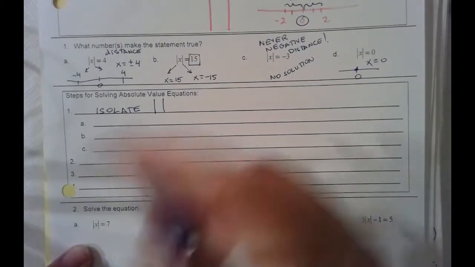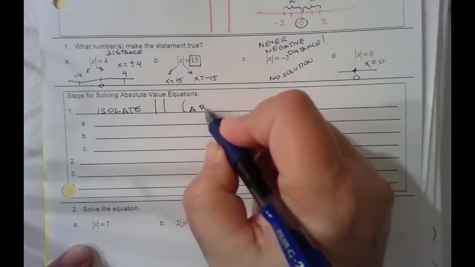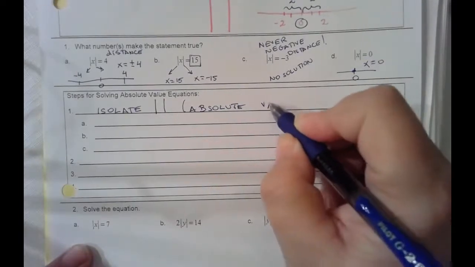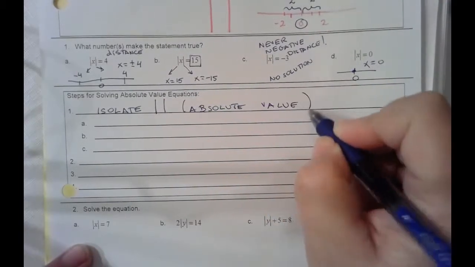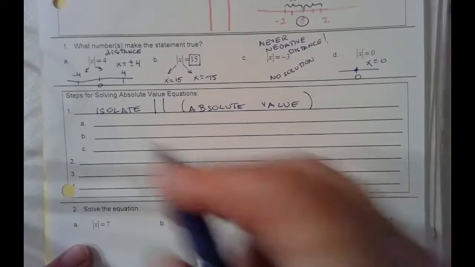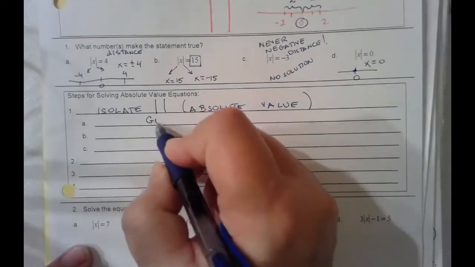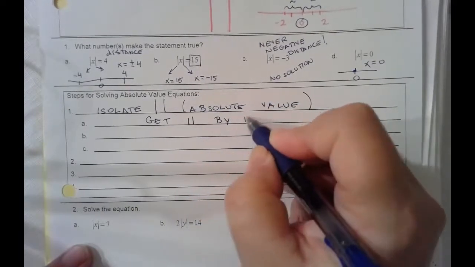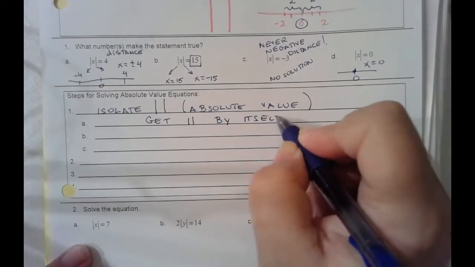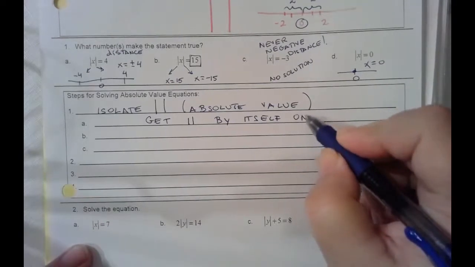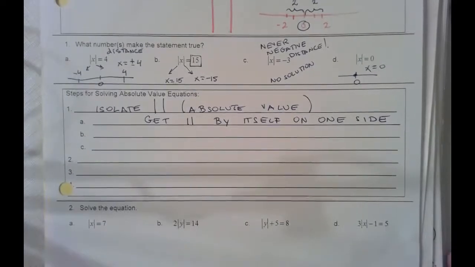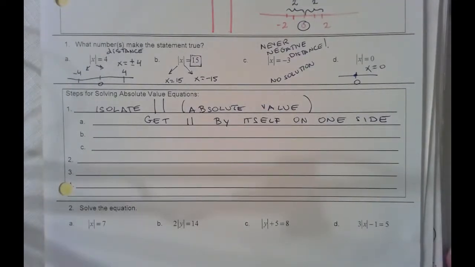So isolate the absolute value: you want the absolute value by itself on one side. You will accomplish that by undoing the order of operations.